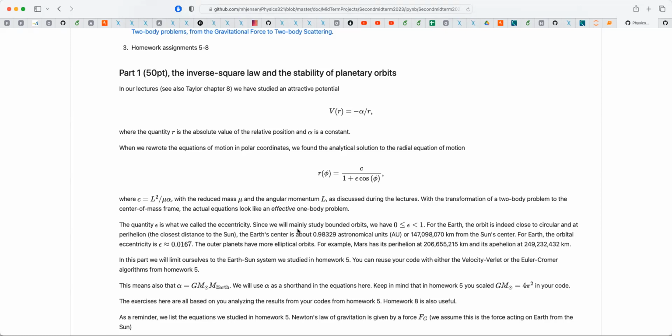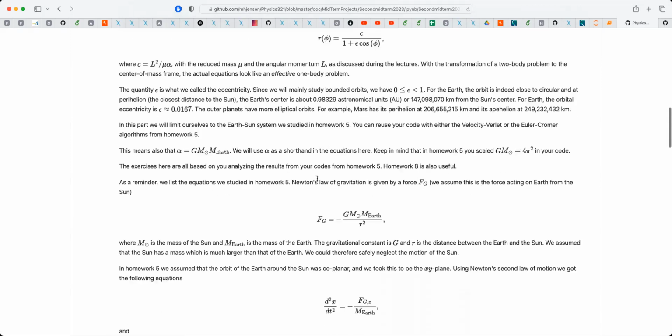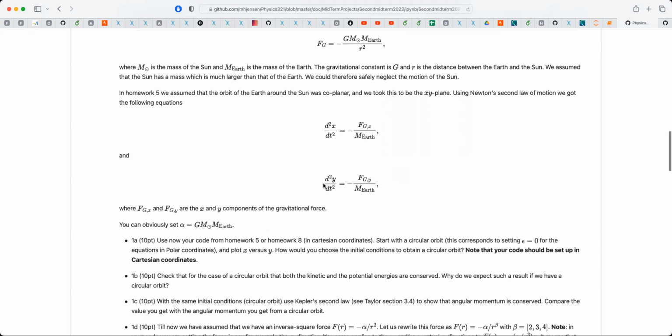And if you look into the text, don't use the equations in polar coordinates, but you should actually do everything in Cartesian coordinates, because that's going to be the easiest one. So in the beginning, it's just some kind of background, but when you're setting up the code for the Earth-Sun case, you should do that in Cartesian coordinates, because that's the easiest one to do numerically.